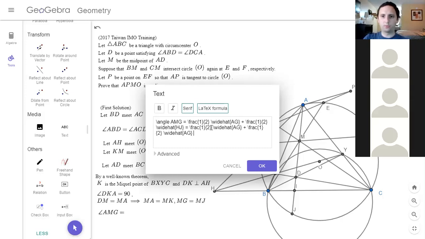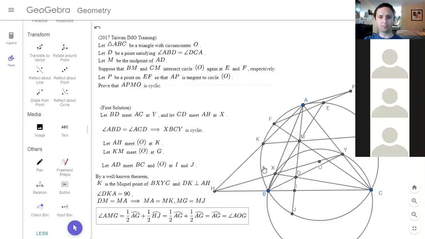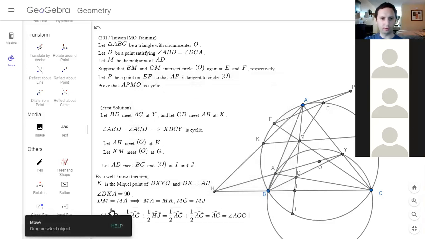And that's equal to angle AOG. See if it fits on one line. It all fit on one line. So AMOG is cyclic.